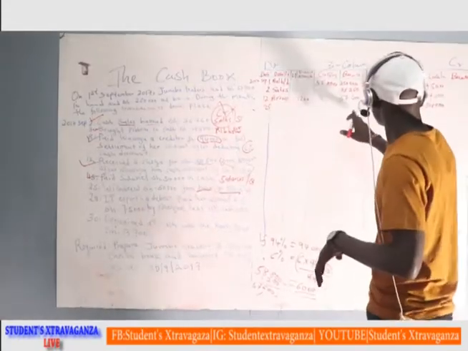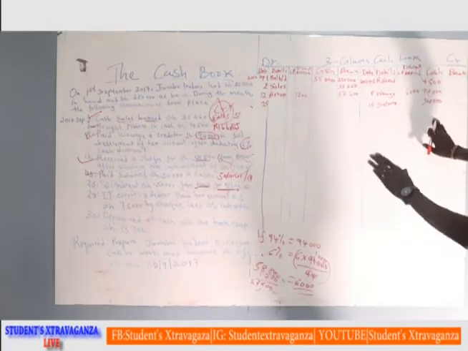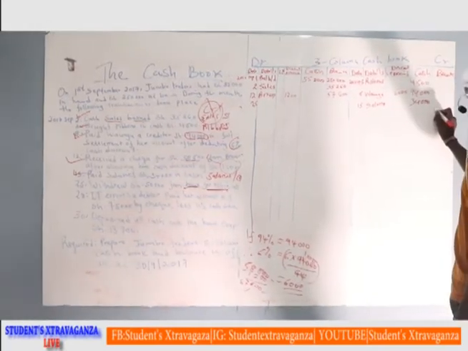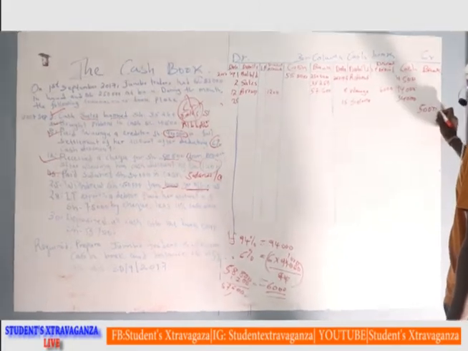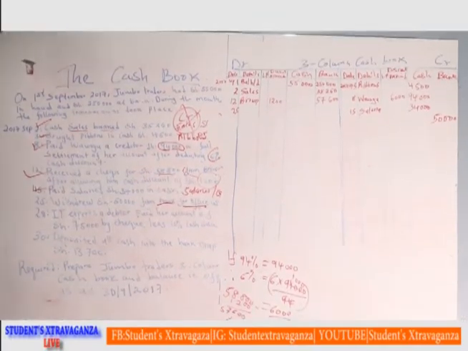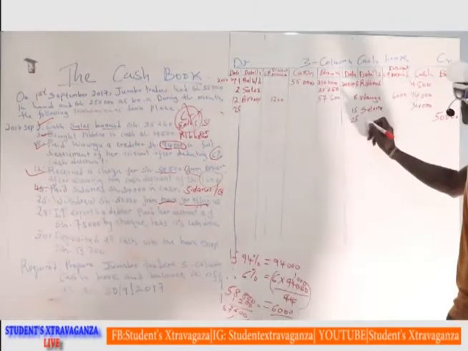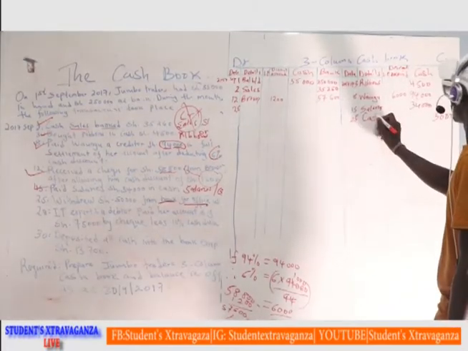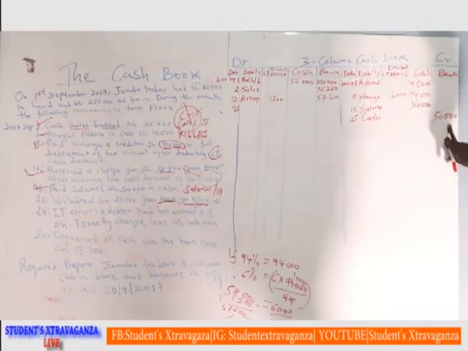So money was withdrawn from bank account, 50,000. So on CR we credit bank account 50,000 Kenya shillings. Date is on 25th. Details is cash because it is bank that has been affected.